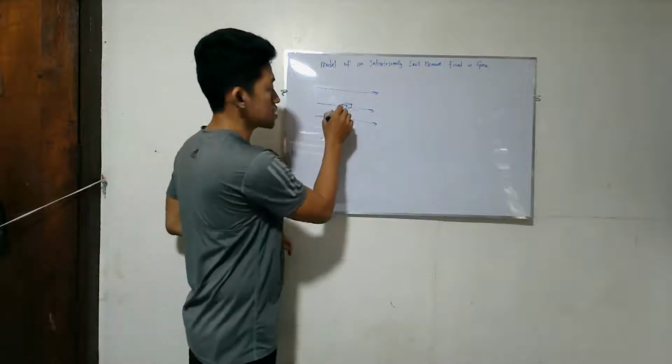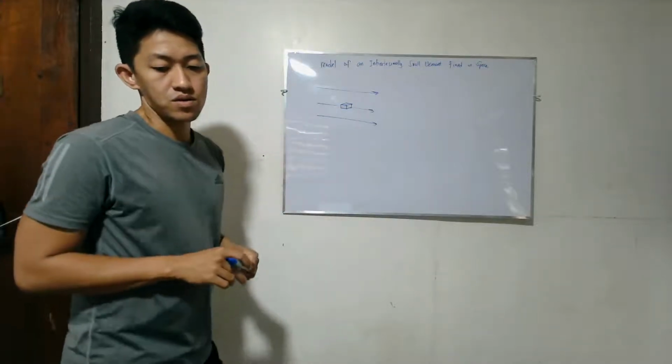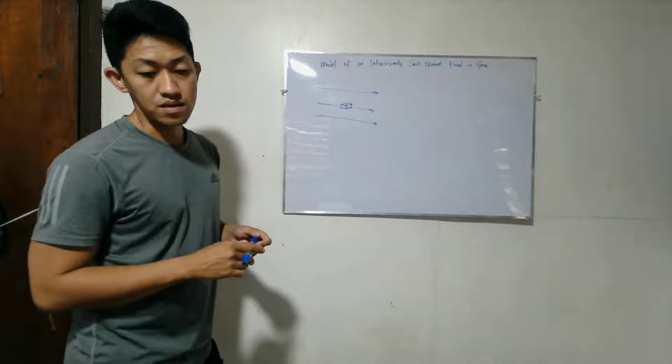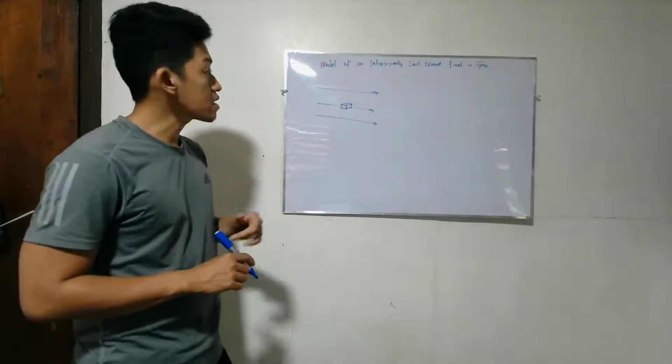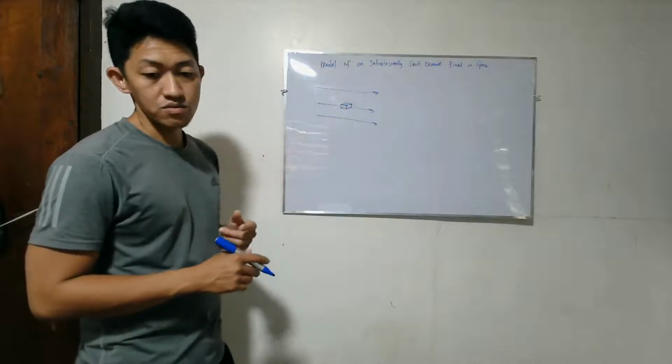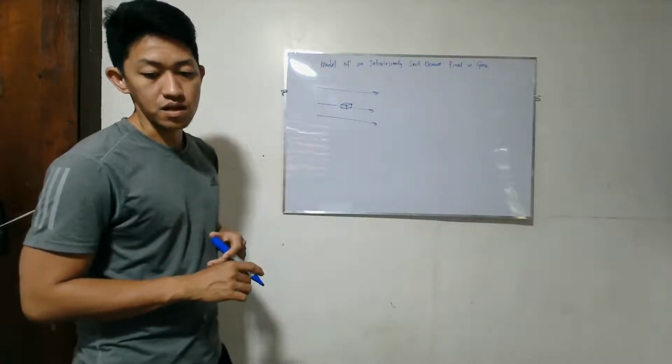So, fixed in space na siya. Wala galihok. Again, this is the Eulerian model, no? So, how do we get the continuity equation based on this model?